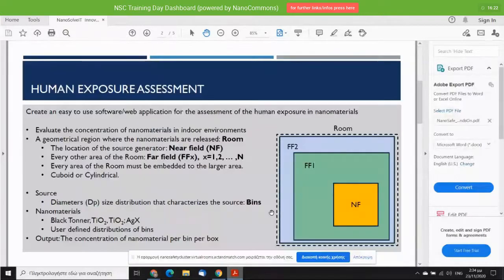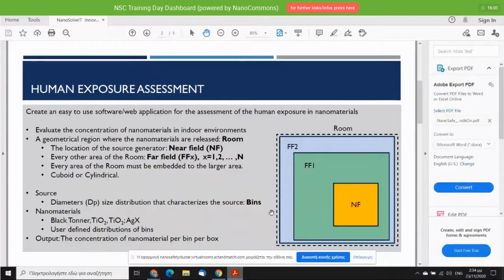So first, concerning the human exposure assessment, we have developed an application in order to evaluate the human exposure in nanomaterials. So we want to evaluate actually the concentration of nanomaterials in indoor environments.